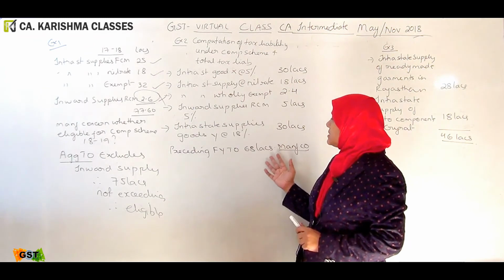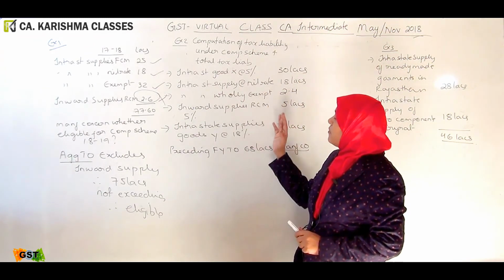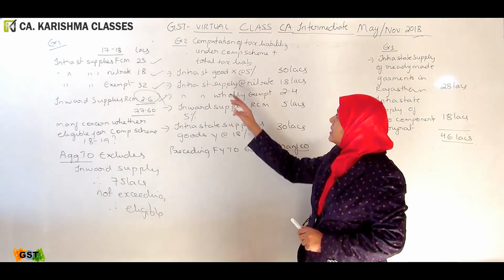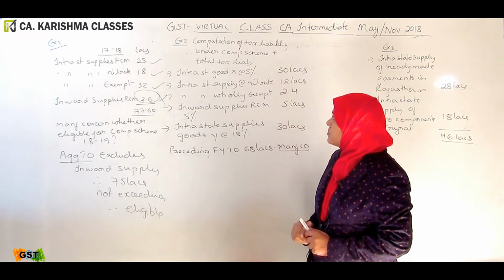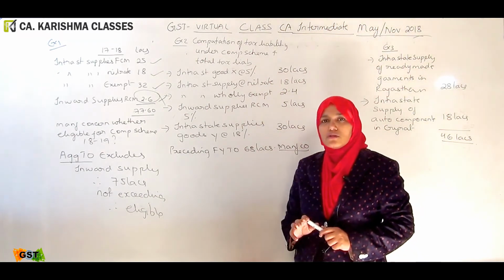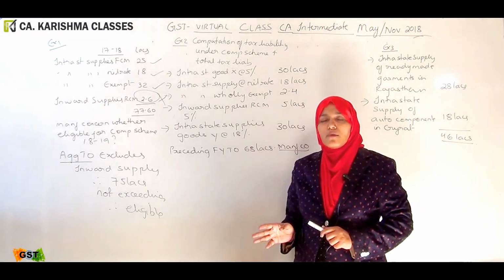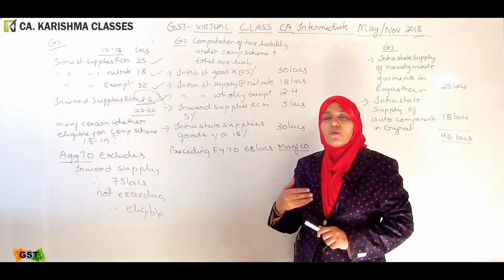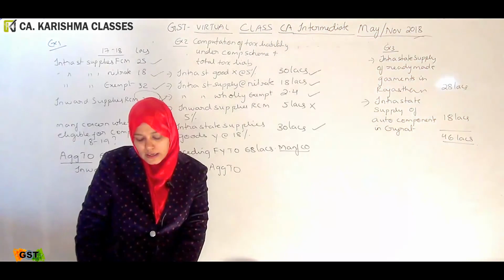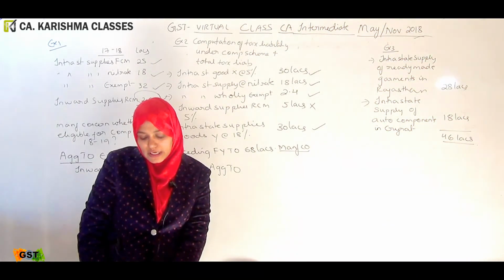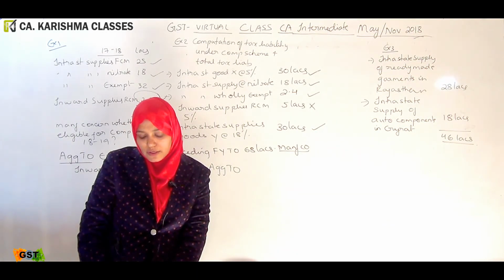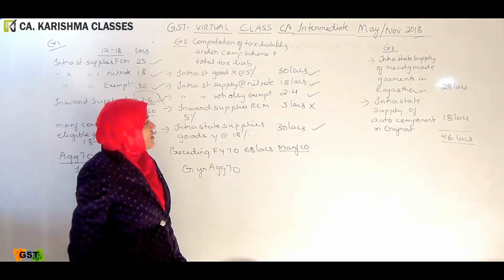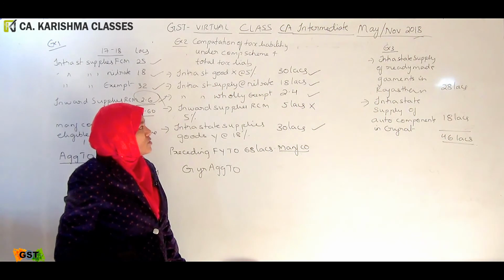So, now in this case, this is the breakup of the activity done during the year. Intrastate goods. So, first of all, in the current year also, you are eligible for composition scheme only up to the turnover of 75 lakhs. Once it is crossing 75, reverse charge we are not going to take. So, it is coming to how much? This is 30 plus 18 lakhs is 48. 48 lakhs plus 2.4.